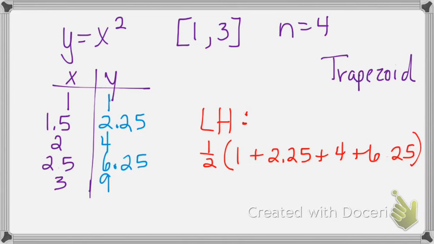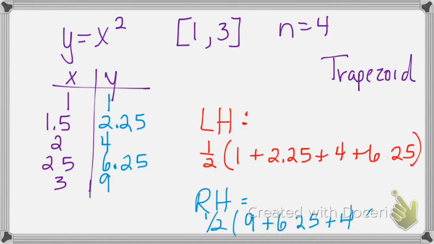It's basically the same as saying a half times 1, a half times 2.25, a half times 4, just without all the work. And then if I do right, it's going to be a half times 9 plus 6.25 plus 4 plus 2.25 added together. Okay, let's go ahead and get what that is.